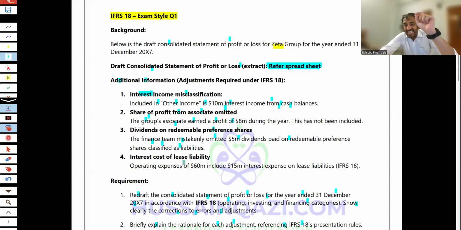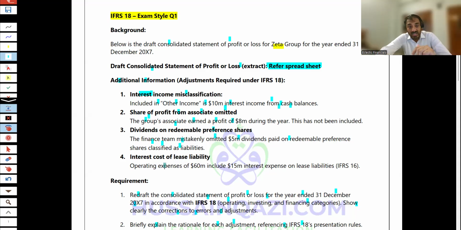Interest cost of lease liability. Lease liability is not a liability from which the company generates finance. It's another category of liabilities, and the interest cost must be presented with the finance cost.